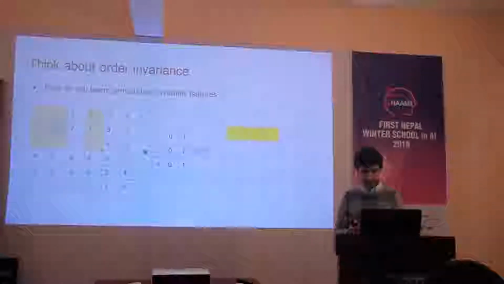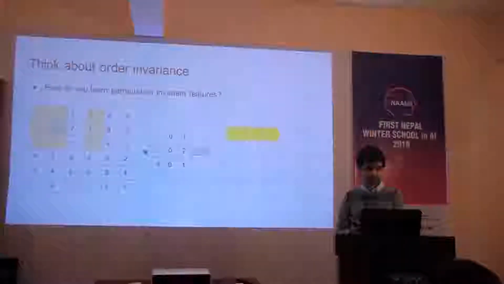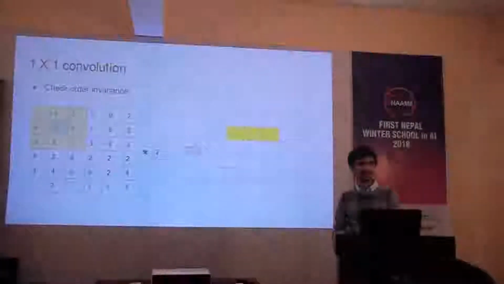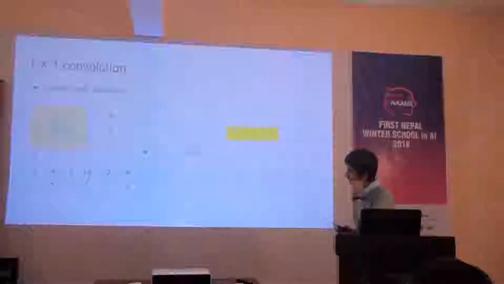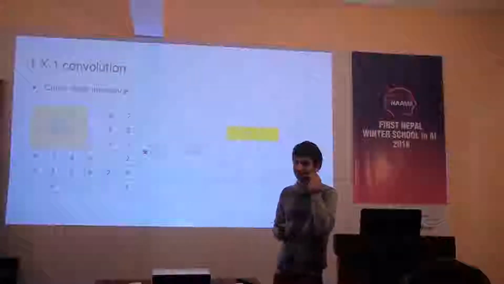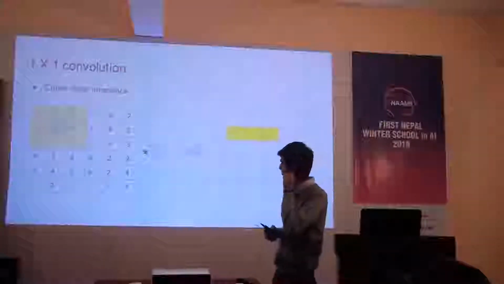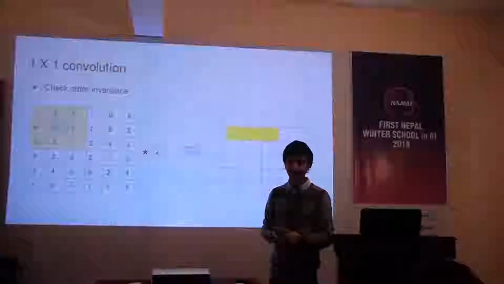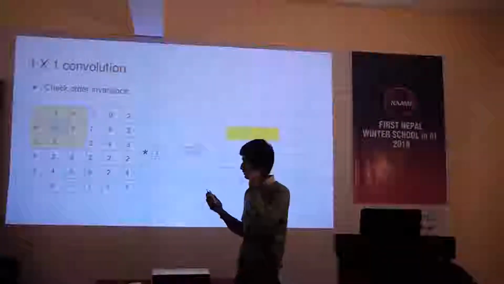So how do you solve this problem? The answer is pretty simple. You just do one-by-one convolution, right? When I first saw one-by-one convolutions, I was like, what? What is it doing? Why would you do that?